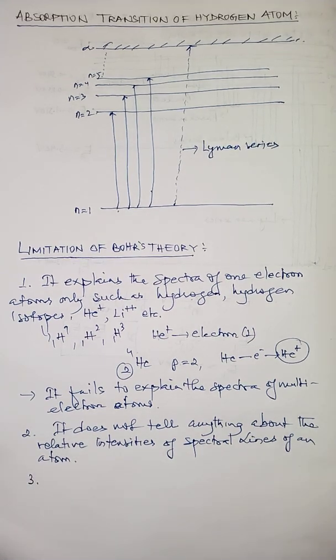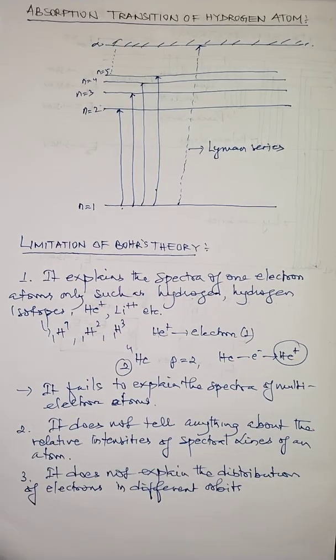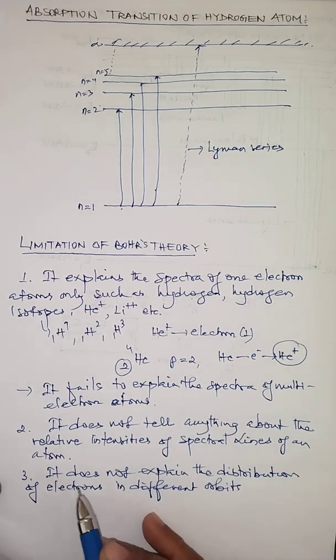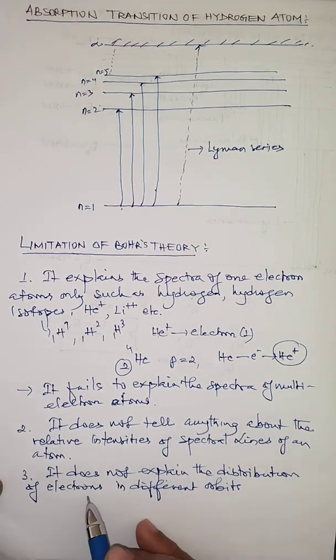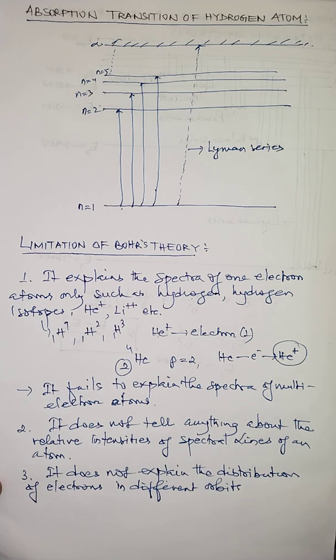Now we have the number 3 drawback, which says that it does not explain the distribution of electrons in different orbits. As you know, in Bohr's theory electrons revolve in definite orbits, but Bohr's theory could not explain how many electrons are distributed in which orbit.